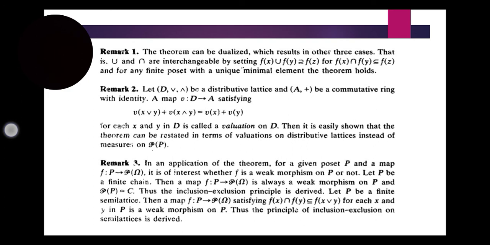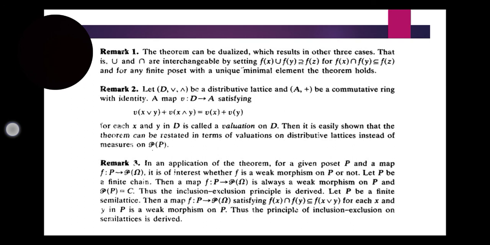Remark 3. In an application of the theorem for a given poset P and a map F from P, it is of interest whether F is a weak morphism on P or not. Let P be a finite chain, then a map F from P is always a weak morphism on P. Thus, the inclusion and exclusion principle is derived.